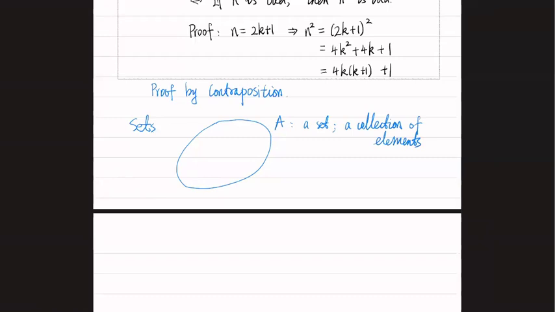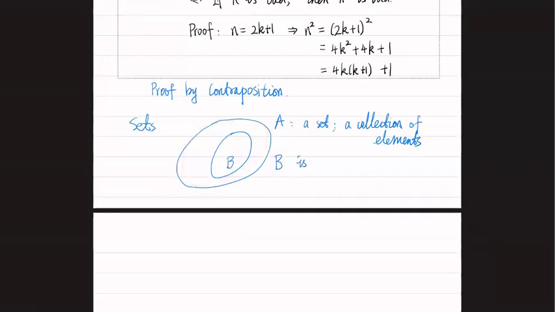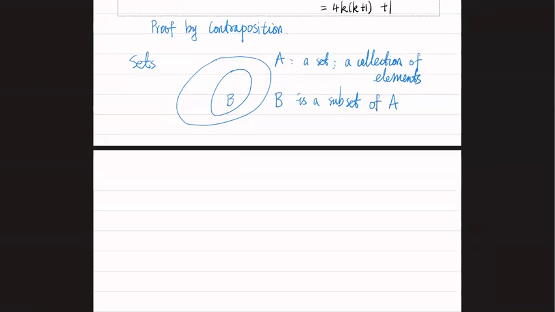Now, if we consider a different one inside, so every element in B is also an element of A. We call B a subset of A. There are other cases, where two sets are not subsets of each other. A different situation.